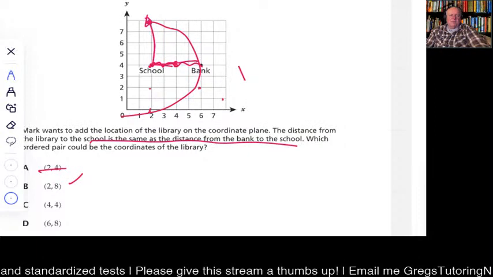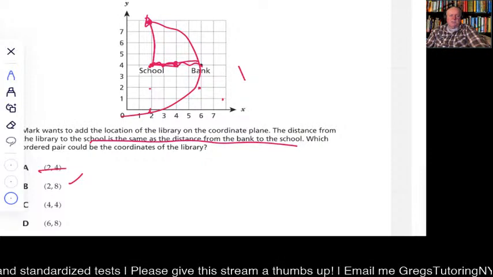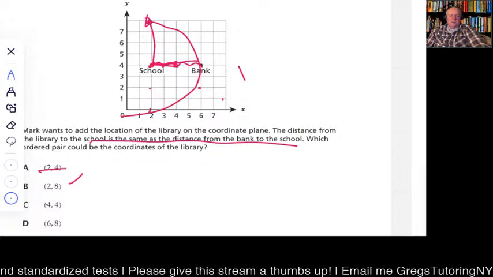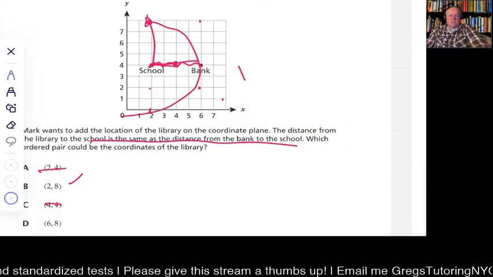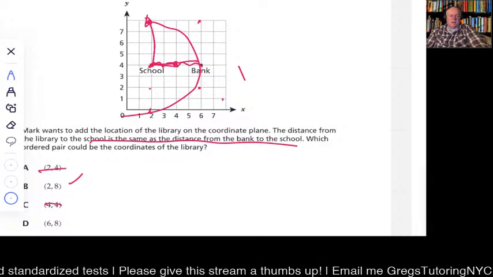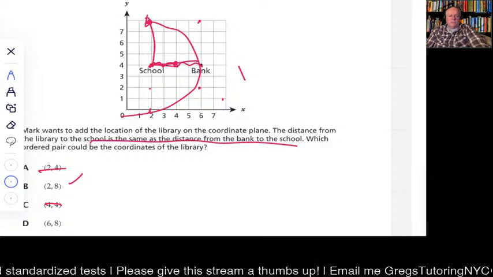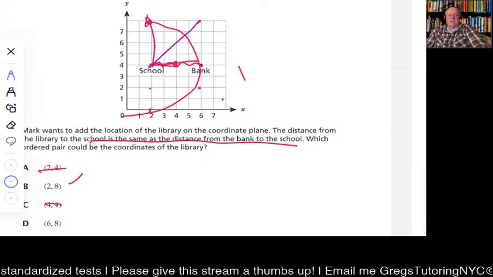That's half the distance between it. It says the library is the same distance between the two. So that's no good. And the last choice is 6, 8, which is way outside of our circle. Okay, but if we wanted to kind of draw a line to there, okay, we can see that's not the case.